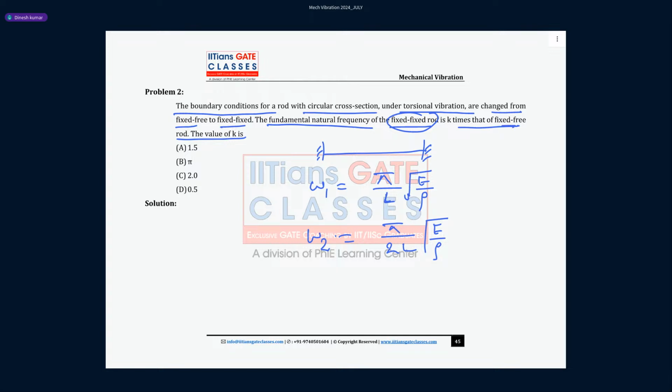So the fixed natural frequency, they told us, is k times that of fixed-free. So omega 1 is k times omega 2. Now tell me, guys, omega 2 is known, right? So what is the k then? Or you can say omega 1 by omega 2 is k. So with this, what k value is coming?